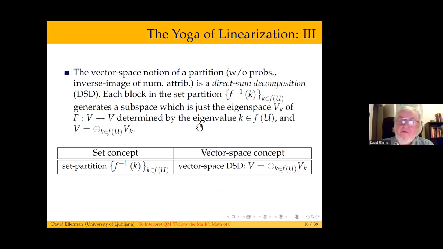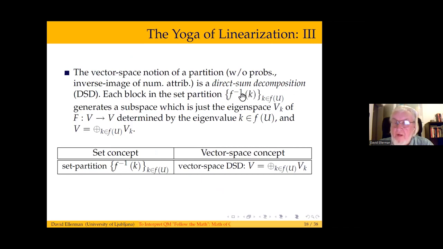So what is the observable notion that corresponds to a partition without probabilities? Just the inverse image of a numerical attribute, that F inverse partition, and that turns out to be a direct sum decomposition of the vector space. So remember, the yoga was that you apply the set concept. So apply this set partition to U, and what does it generate?